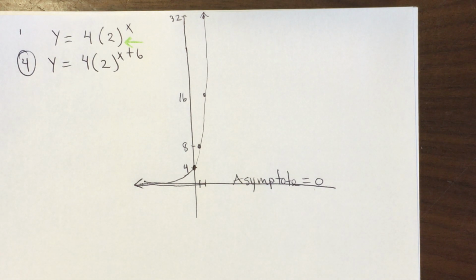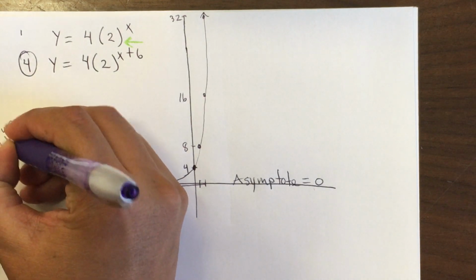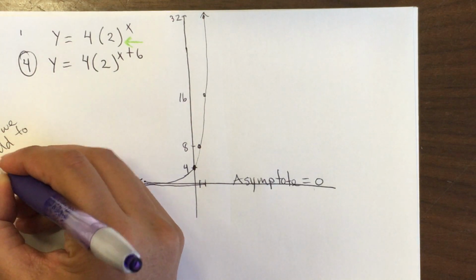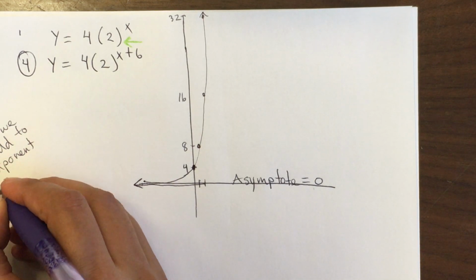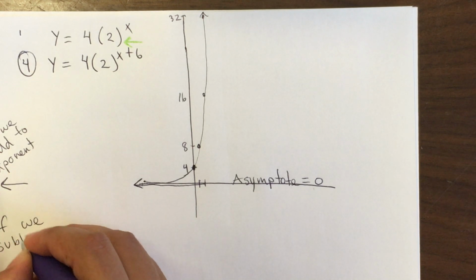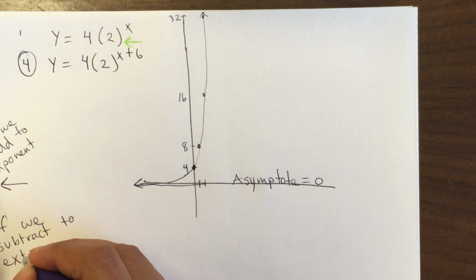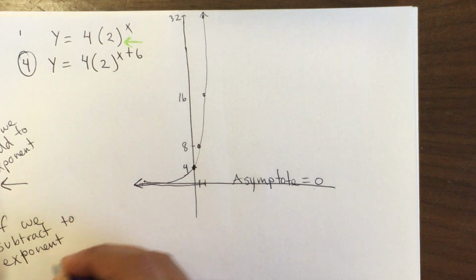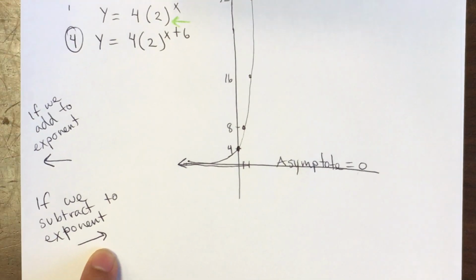You might want to put a little note in there: if we add to the exponent, left. If we subtract from the exponent, then we go to the right. It's kind of like the opposite.